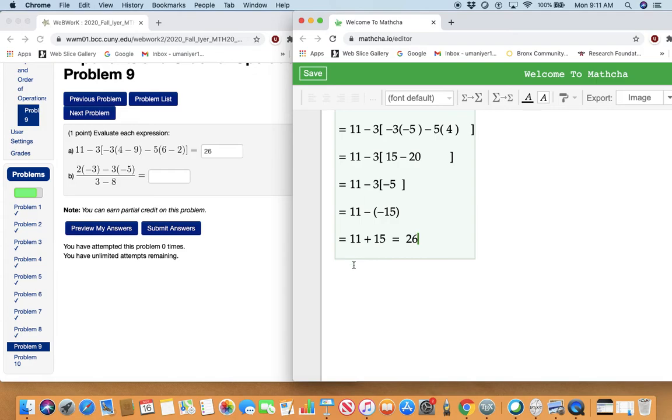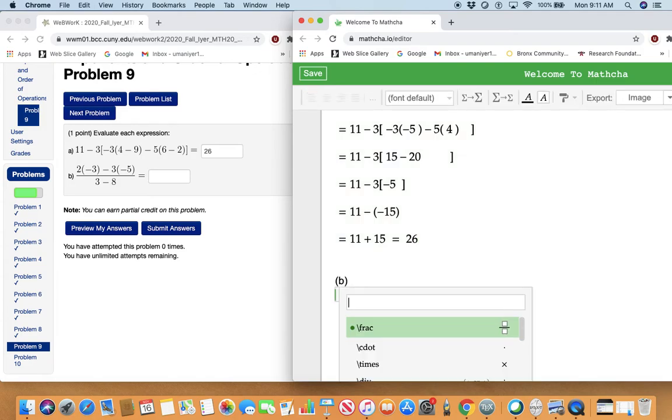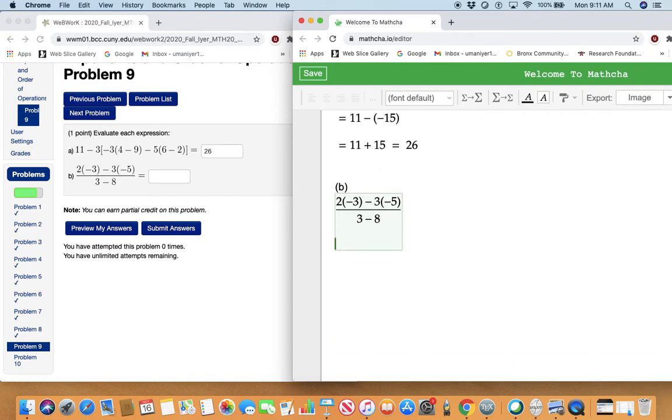Okay, B part. Fraction: 2 times negative 3 minus 3 times negative 5 over 3 minus 8. That is equal to, so there's a bar here; this fractional part tells you that you need to simplify upstairs and downstairs separately.